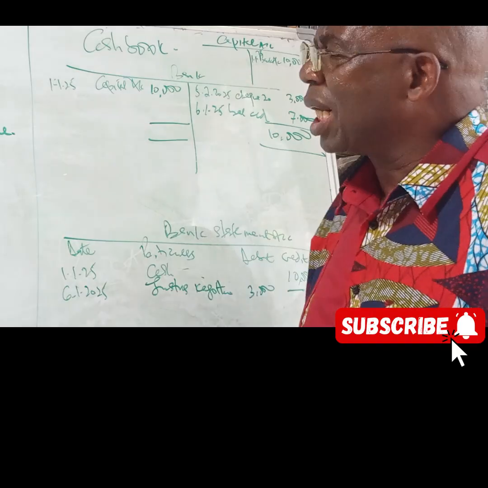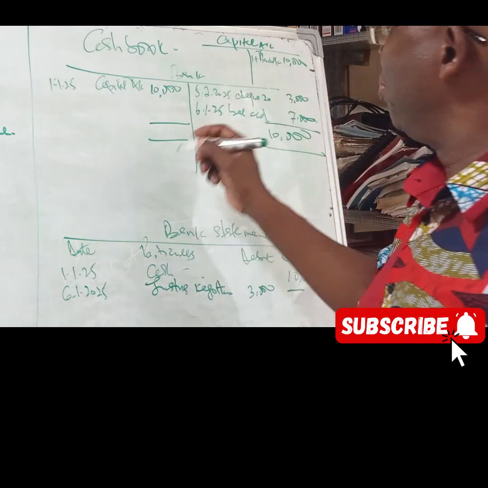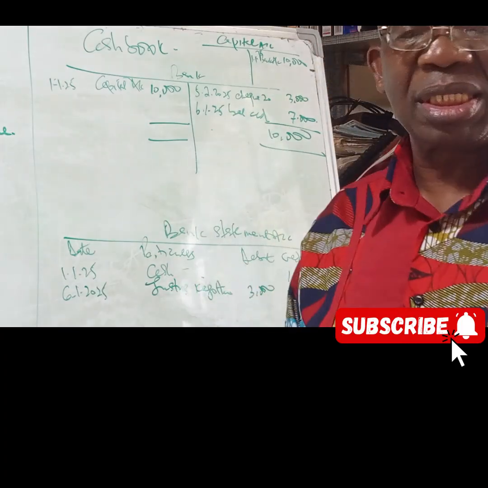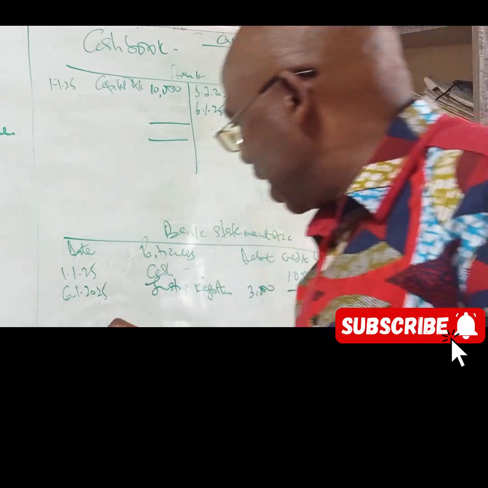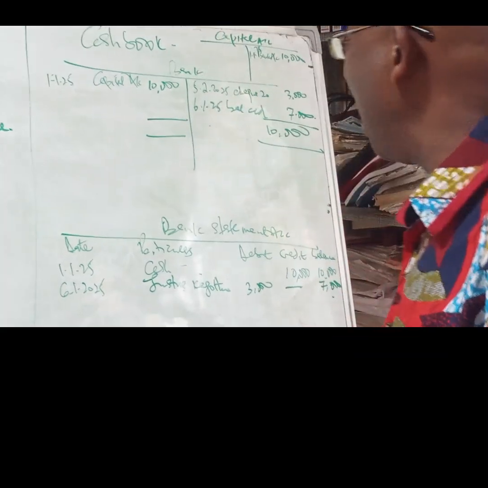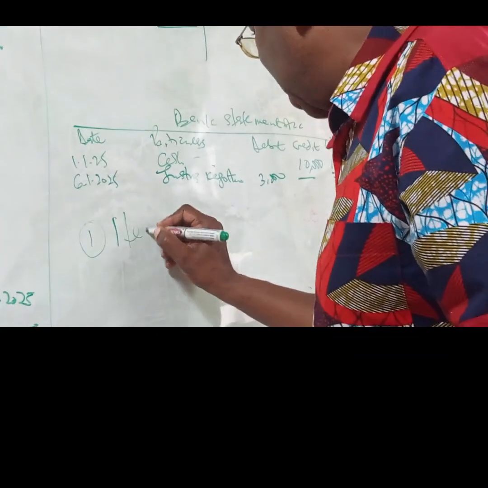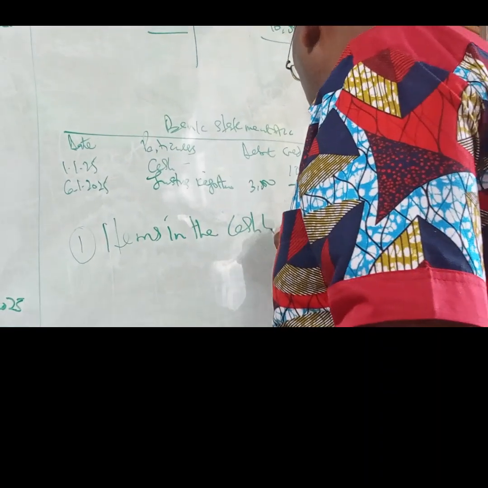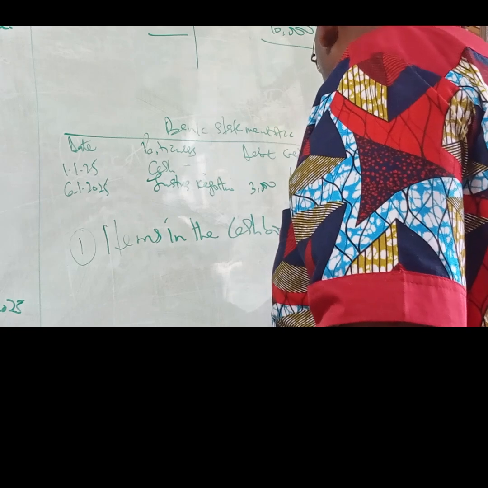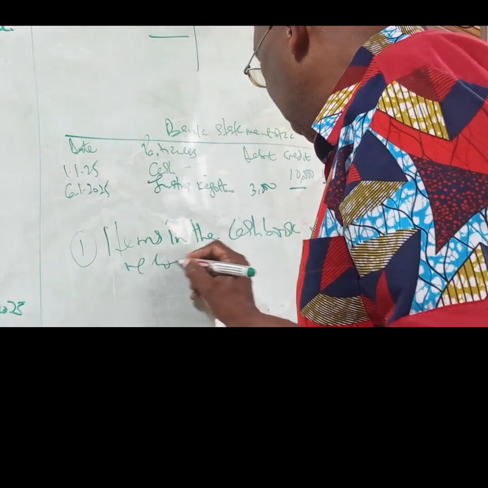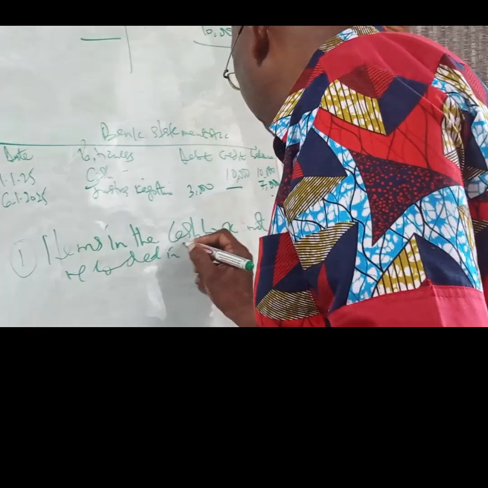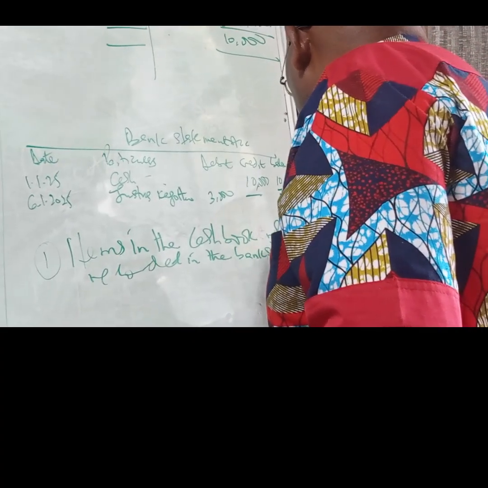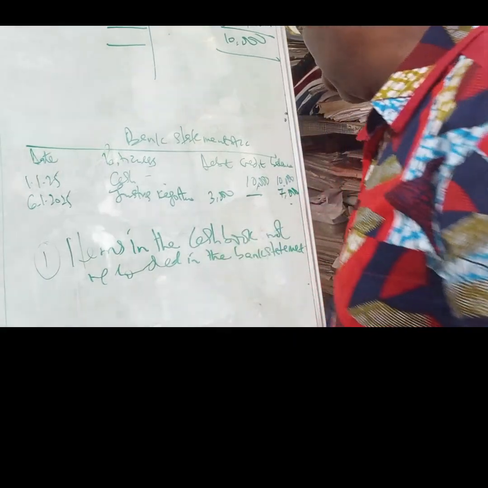So we quickly study what is it that could be causing the difference between the cash book and the bank statement. Number 1, it is when items in the cash book are not recorded in the bank statement.